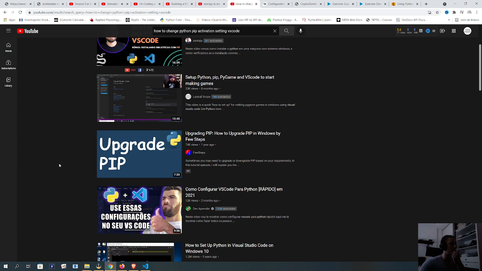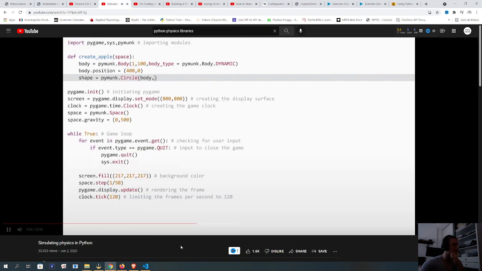So we need pymunk.Circle. And the circle needs two arguments. The first one is the body, so this line here, and then we need the radius of our circle.